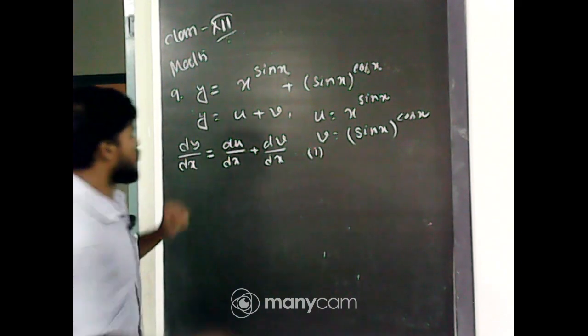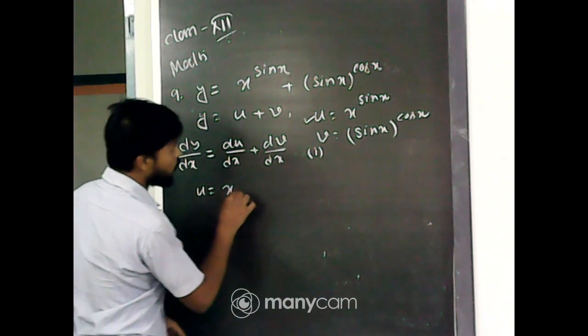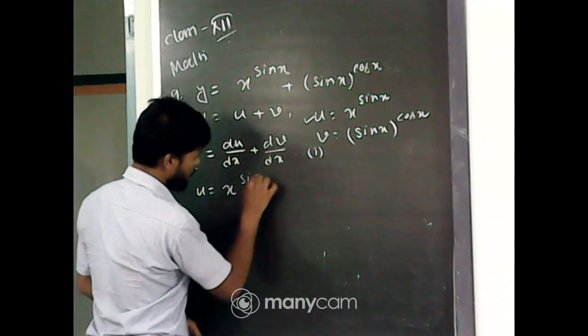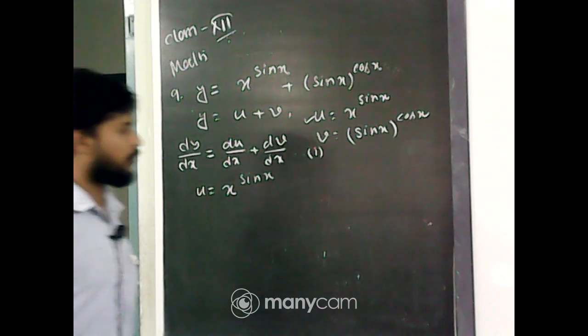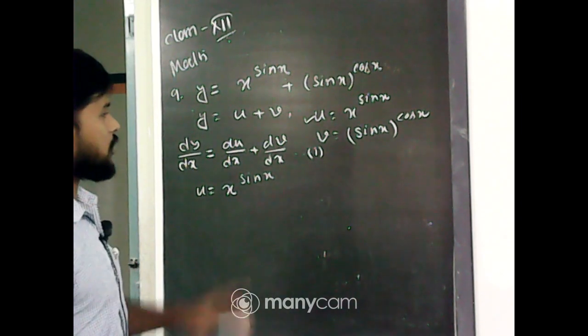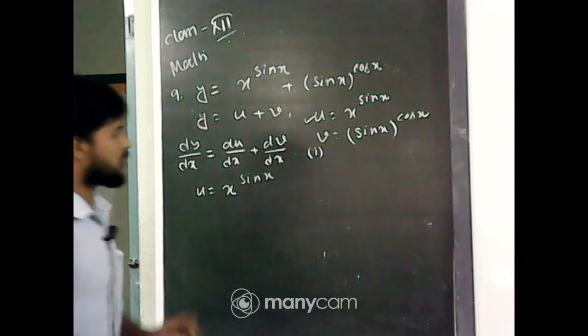So first consider u equal to x to the power sin x, and we want to calculate the derivative of u. Can you tell me in which way we can do it? Okay, I am telling. First take log.